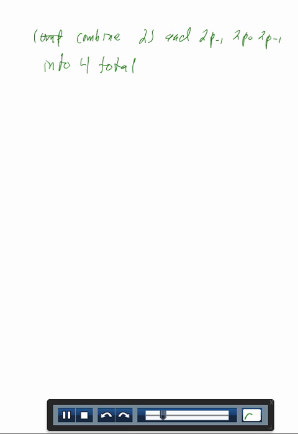If we just add the orbitals together, just like we add functions, we combine the 2s and the 3 2p's into 4 total orbitals.